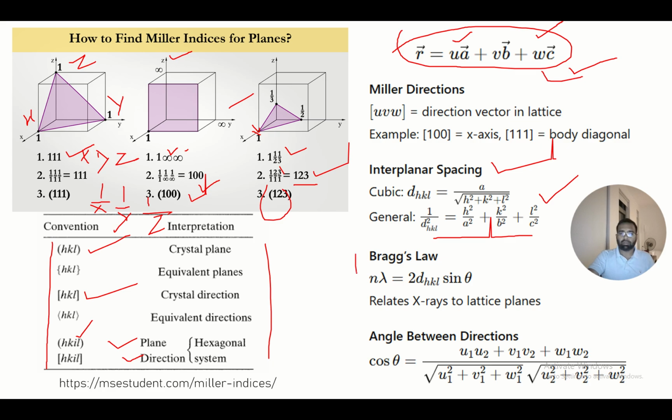Also Bragg's law, this is most important for XRD. We don't need to understand it here, we can understand it later. And for the angle between two planes, you can use this formula. To understand this, you need to know vector geometry actually.